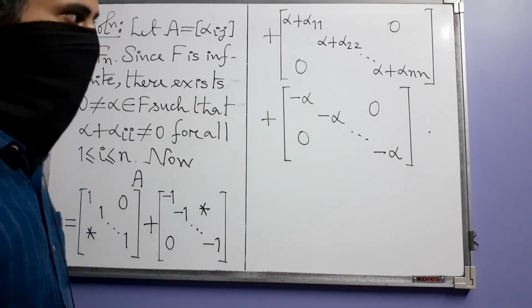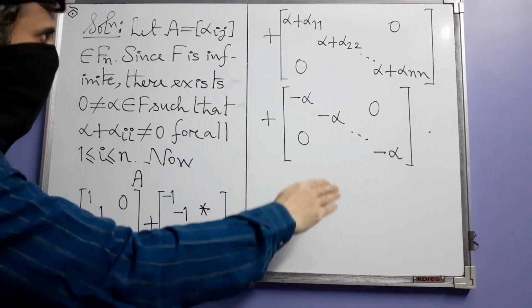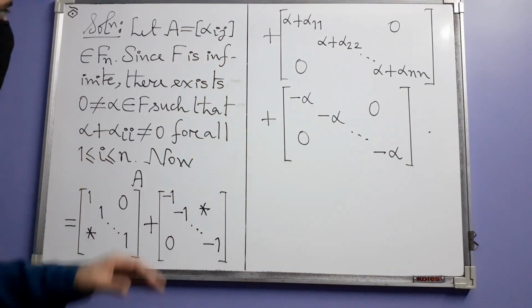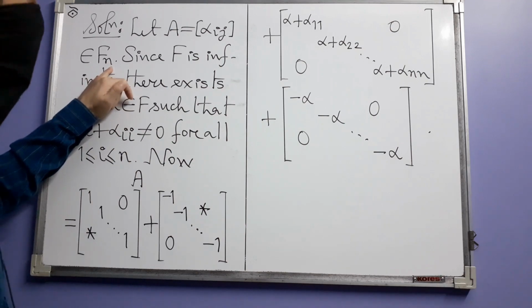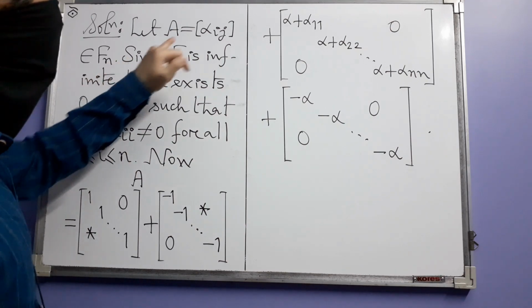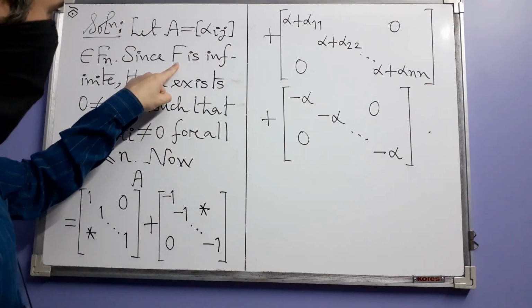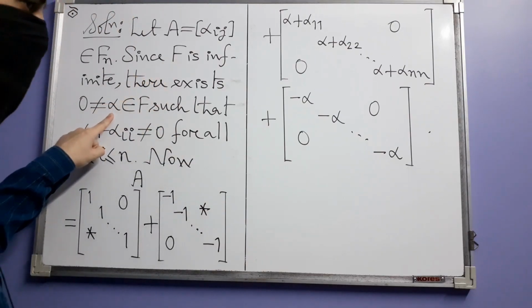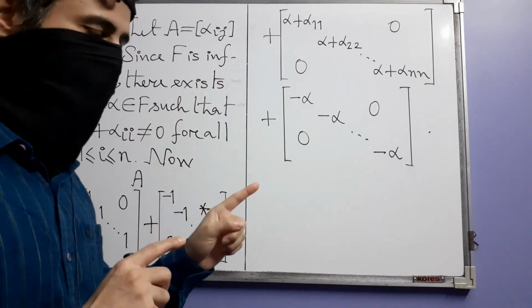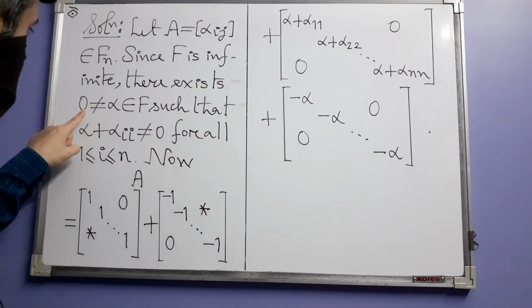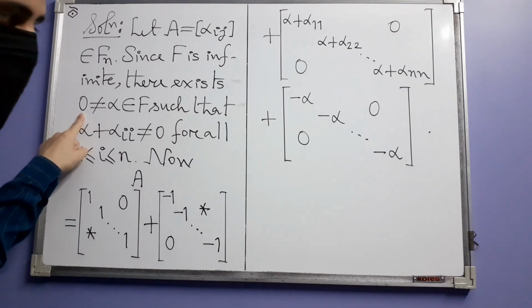The additive inverses of all the diagonal elements of A are different from alpha. No matter how large this n is, that is, no matter how many alpha i's we have, the infinite nature of F allows us to choose alpha such that it's different from the additive inverses of all of them, and at the same time it is not equal to 0.